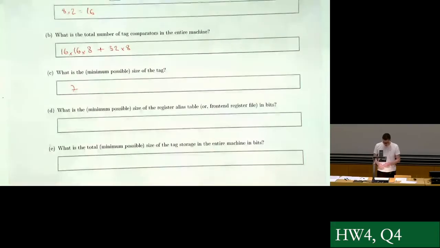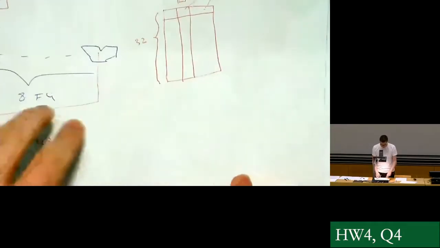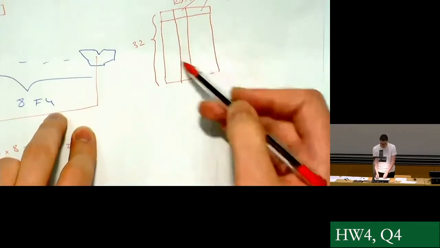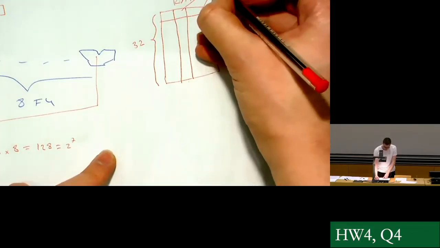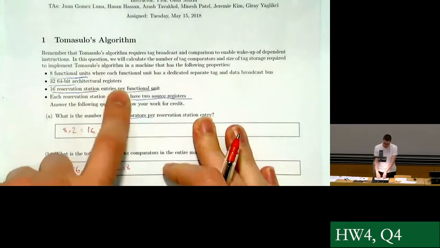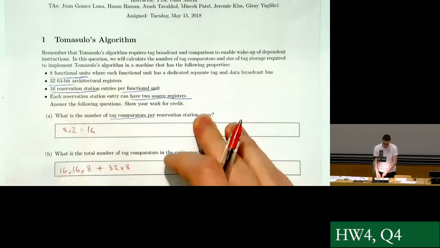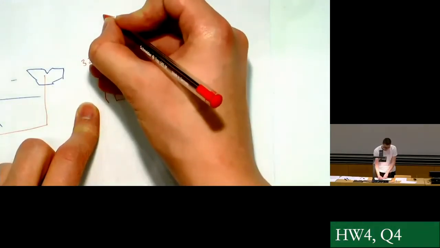And then what is the size of the register alias table in bits? So the register alias table should look something similar to this thing here that I drew, right? So we know the tag should be at least 7 bits. And then the data is given in the question. So the architectural registers are 64 bits wide. So then per entry, we will need 64 bits. And then we should have at least some valid bit, right?